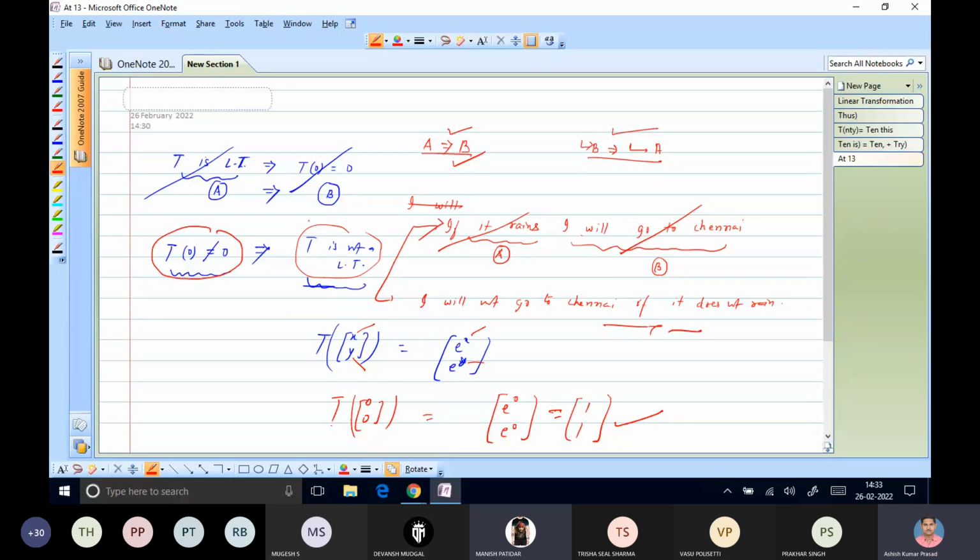This is called contrapositive statement. One way of doing mathematics, sometimes you assume false and try to derive results. Sometimes you use contrapositive results.